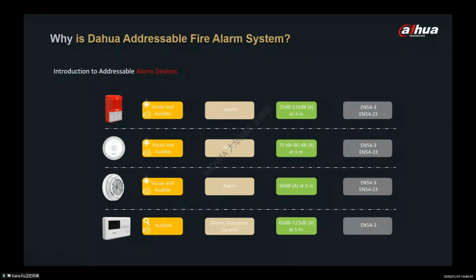And the next pack is about the alarm device, the sounder strobe. This is an addressable sounder strobe, and it is wall-mounted. This is another addressable sounder strobe. It is ceiling-mounted, with a white appearance, popular in some schools or hospitals.